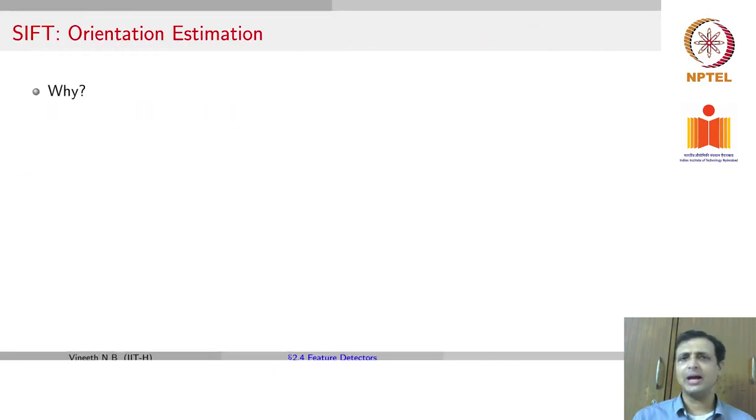Let's first start by asking, why do we really need the orientation? The answer is simple. We want to help it get rotation invariance by getting a sense of orientation, and that would become clear when we describe how we are going to do it.